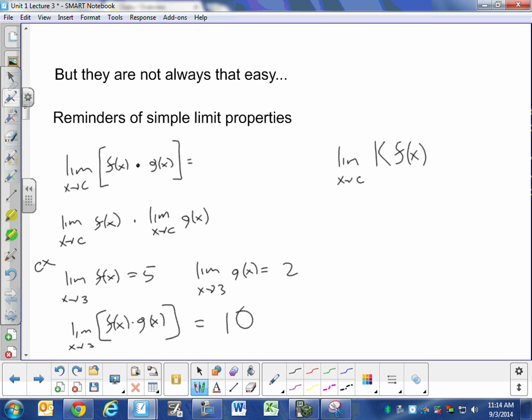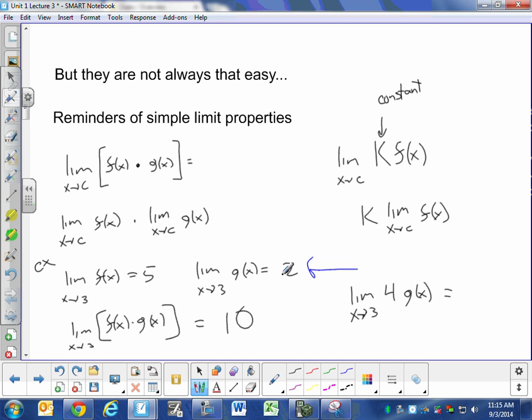Okay, pretty simple. It's kind of the same thing if we have a constant times a function. We could take this constant out and then just multiply it by the limit of the function. Using this as an example, I could say find the limit as x approaches 3 of 4 g of x.